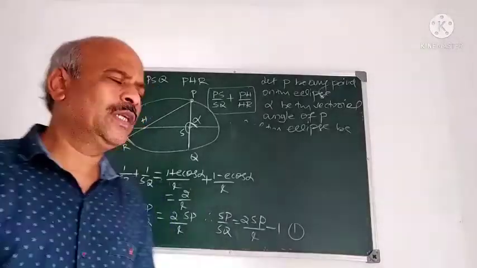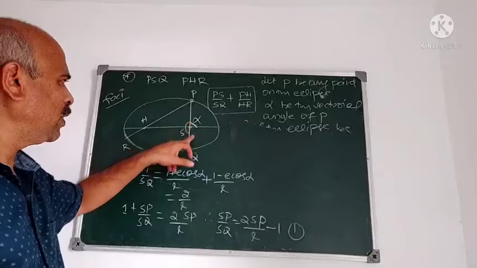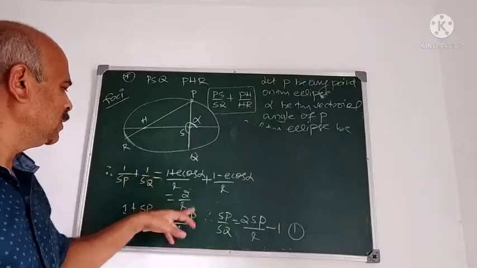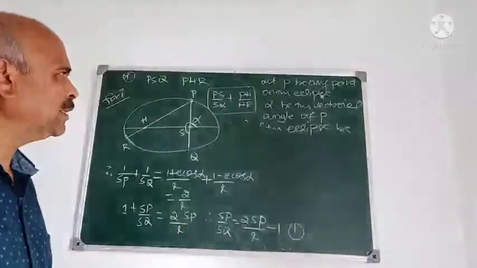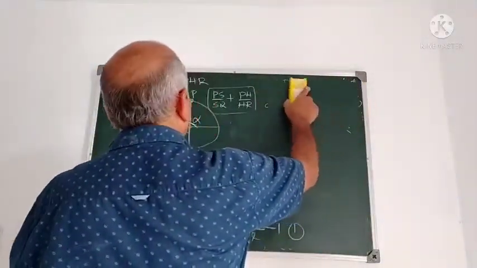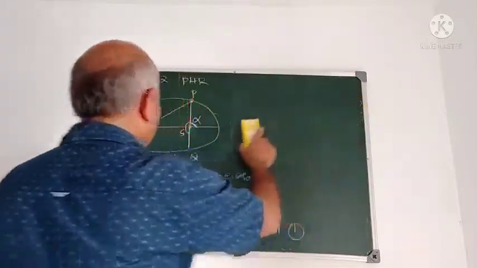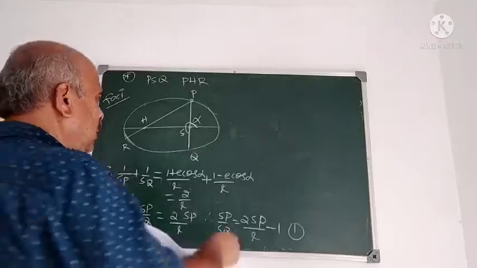I think you followed. What I did is, first I obtained 1 upon SP and 1 upon SQ, and I added these two. Then I obtained SP by SQ like this, 2 SP upon L minus 1. Similarly, I find PH upon HR.